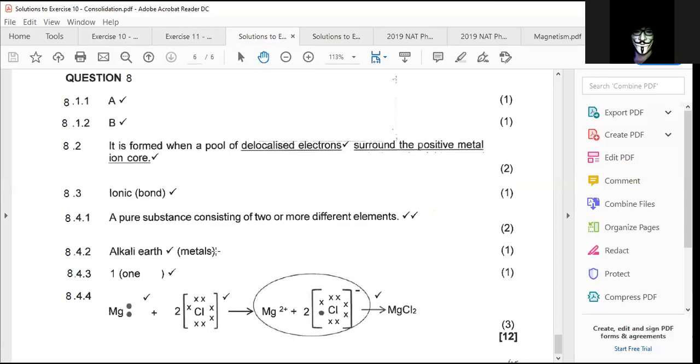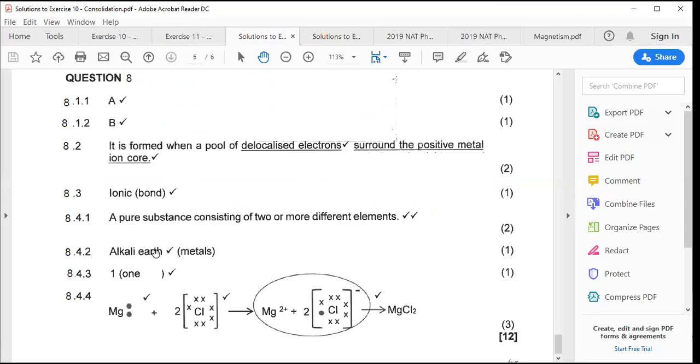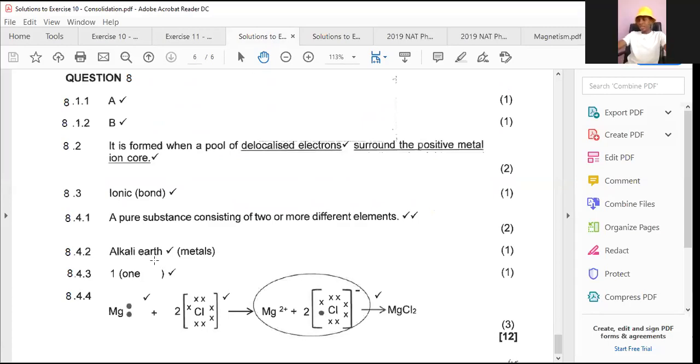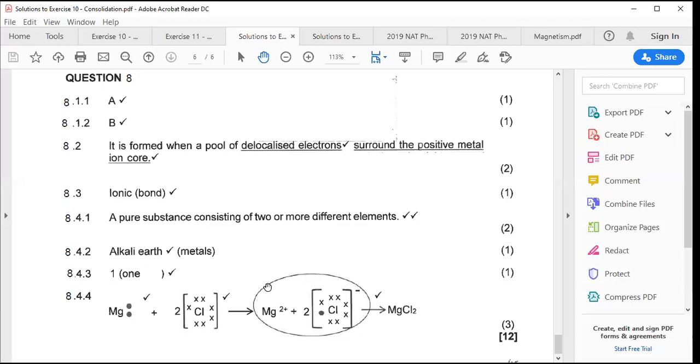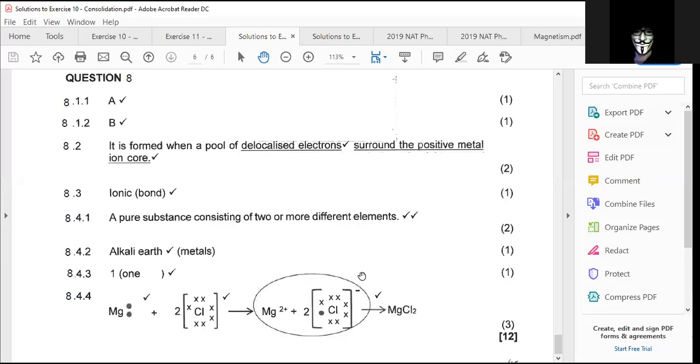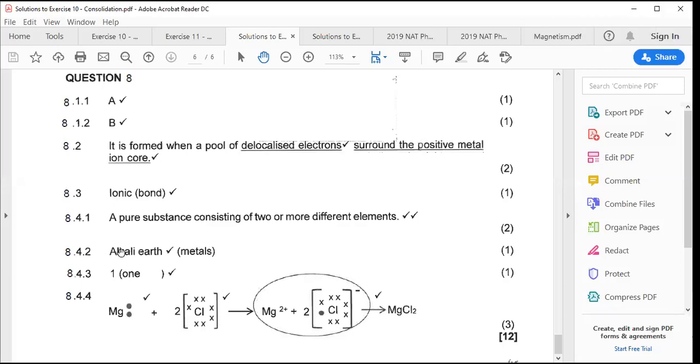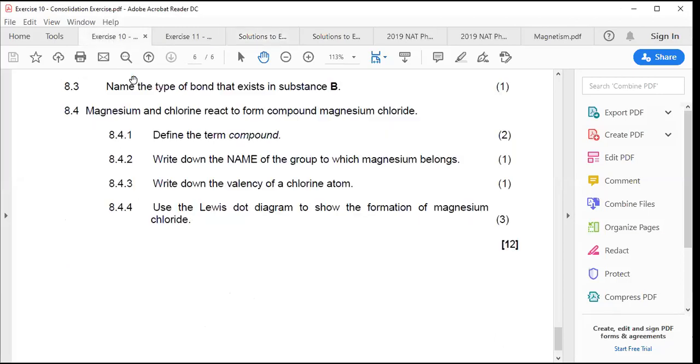I'm stating that alkaline earth metals is in group 2. No, sir. Alkali is group 1. Group 2 is what? Alkaline. And group 1? Alkali. Okay, I'll double check that one, then I'll come back to you. Maybe we could be confusing it as well. I think in our next lesson, I'll check that one.